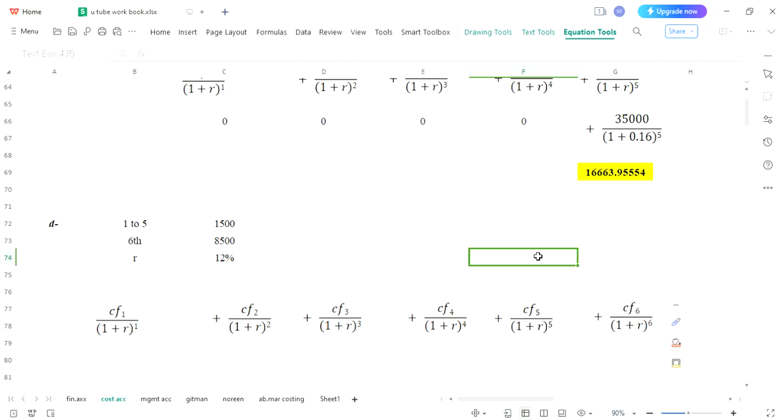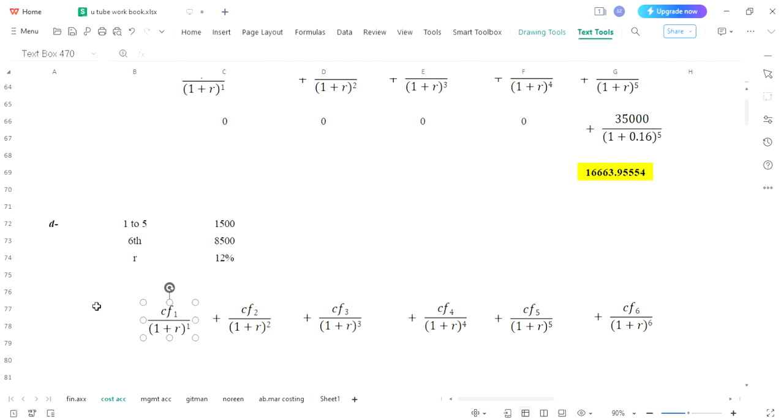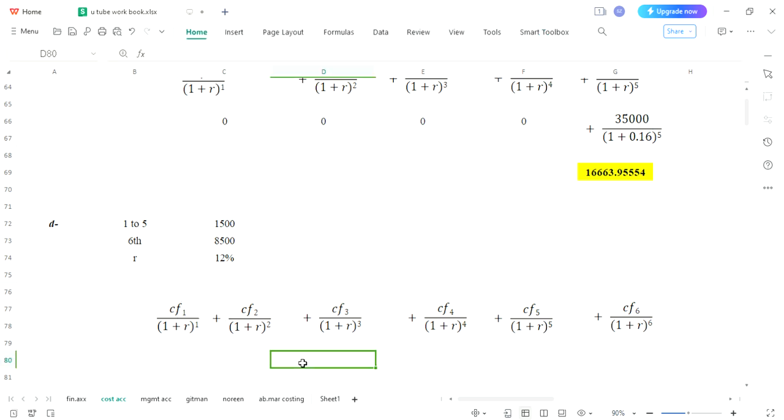So why have we used six formulas? Because I was telling you that your number of cash flows is the main factor in choosing how many formulas you will write. And in our question, please observe 1 to 5 and then 6. We have 6 different cash flows. At this stage I'm repeating the same thing.